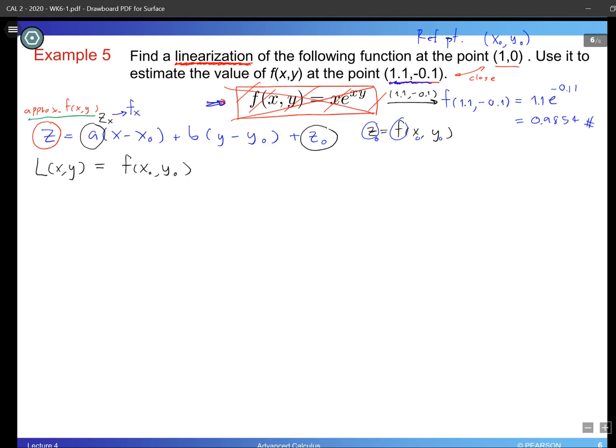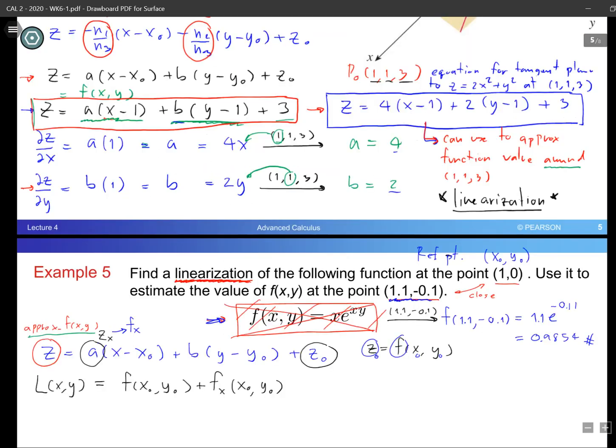So here I am going to get this f with respect to x, and just like before, I evaluate this df by dx at the reference point.